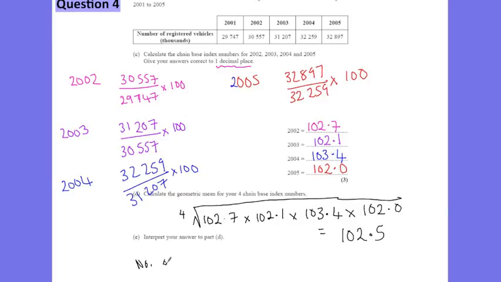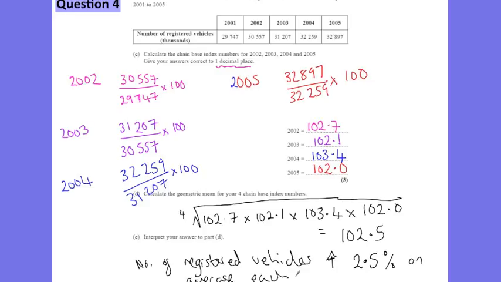So the number of registered vehicles has increased by 2.5% on average each year. So really important there, each year, an average rise of 2.5%.